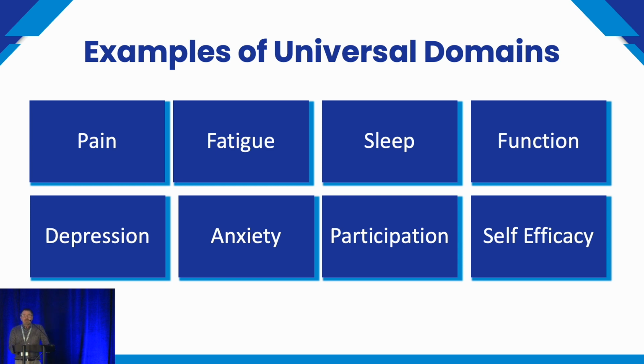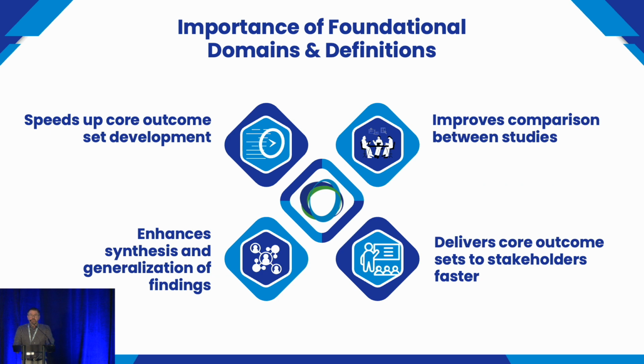So why might this be helpful for us as OMERACT as an organization? Well, number one, if we have a common definition that everyone can agree upon for the different diseases, this will speed up this process of core set development. It'll speed it up because each group is not trying to invent their own definition of a concept.